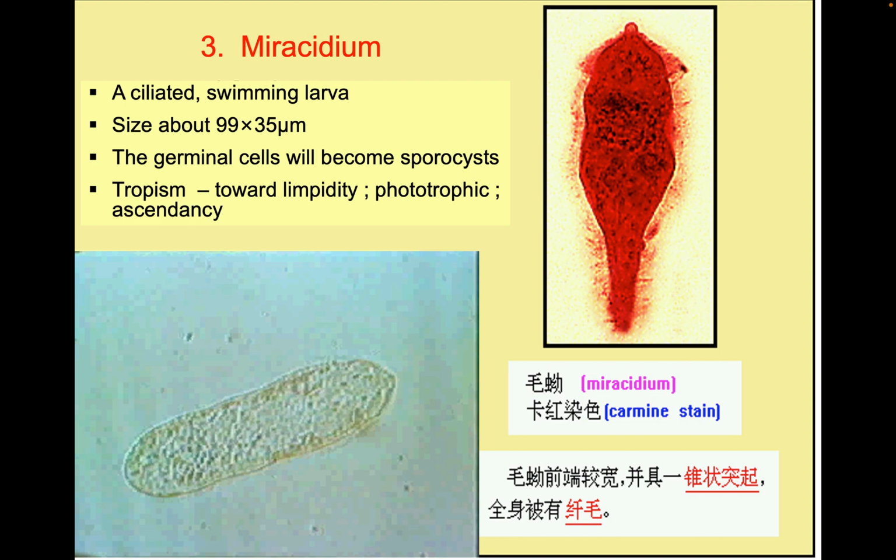So this is the stage of the miracidium. It's a swimming larva, and all over the body you can see it's very furry, and it's free swimming in the water.